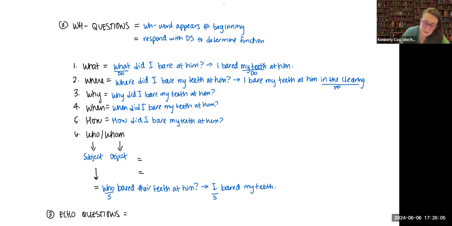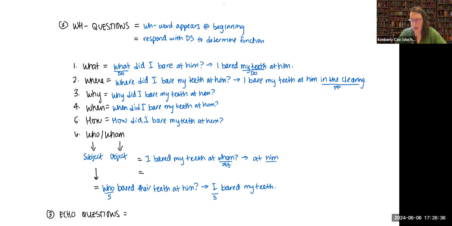So we might say, for instance, I bared my teeth at whom, right? So whom is the object because it's taking the place of the indirect object at him, right?